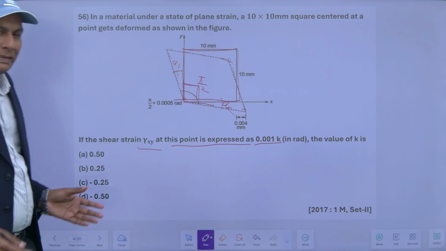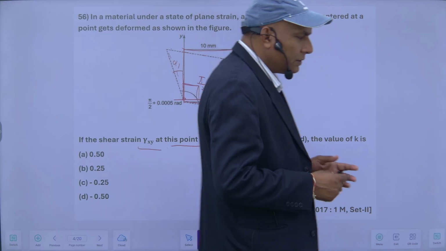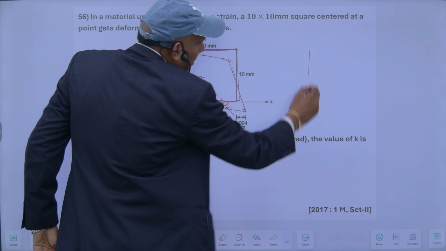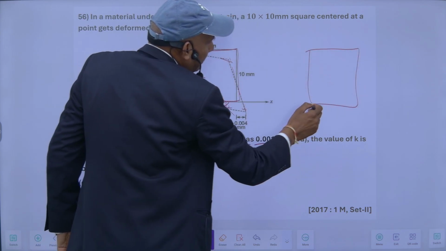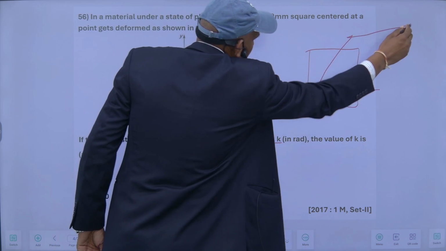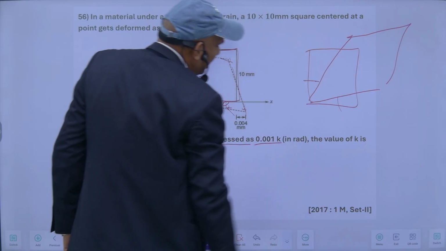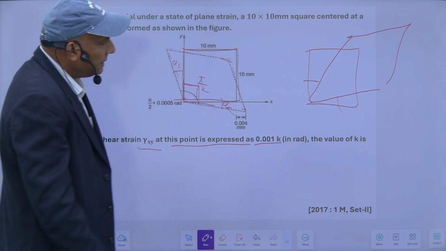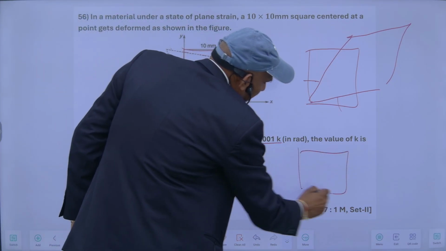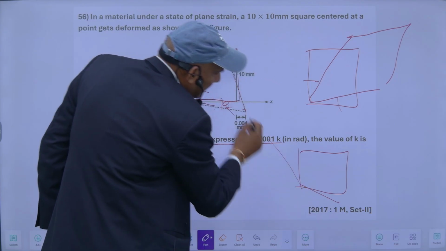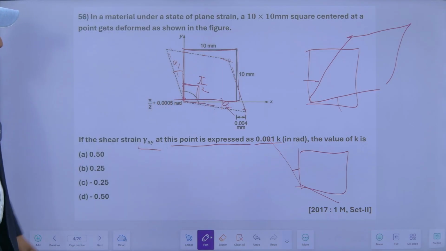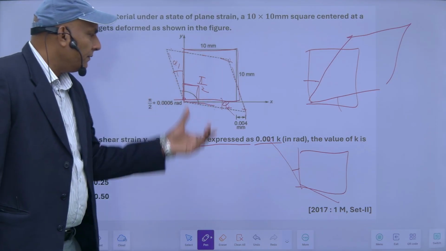Whenever there is a decrease in the angle like this, we say my shear strain is positive. And whenever there is an increase in the angle, suppose initially it was like this and finally it was like this, so there is an increase in the angle, we take it opposite.